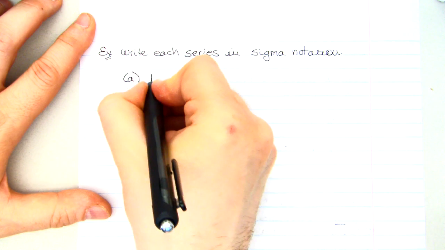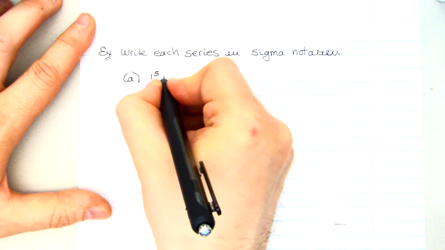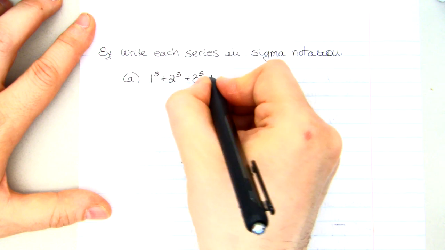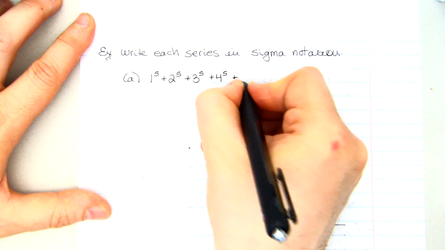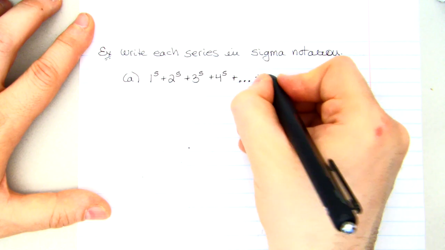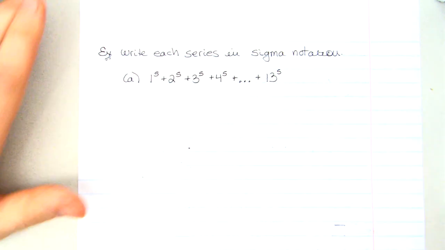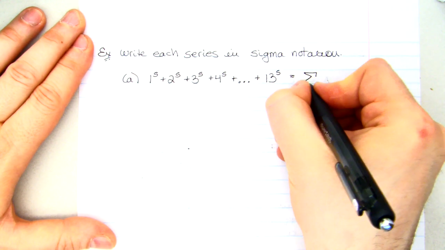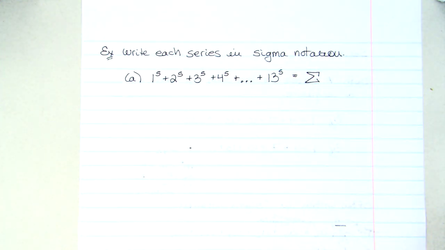For example, 1 to the 5th plus 2 to the 5th plus 3 to the 5th plus 4 to the 5th plus, I'm going to go on for a really long time, I'm going to end with 13 to the 5th. I want to write this thing in sigma notation. And the trick is I'm going to look for what's changing.